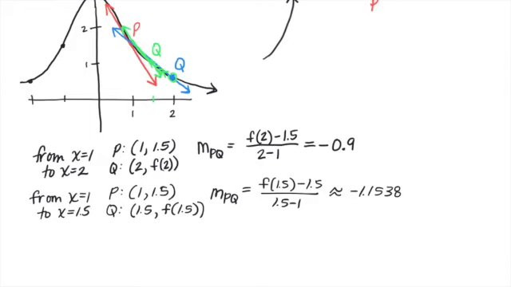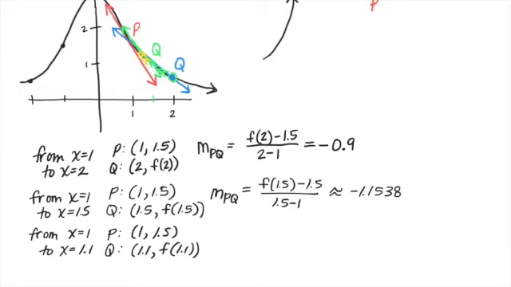And now we're going to do the same thing. We're going to continue moving point Q along the curve, getting closer to point P. So point P is the point 1, comma 1.5. So now maybe we'll go from x equals 1 to, let's say, x equals 1.1. So point P is still 1, comma 1.5. Point Q now is the point 1.1, f of 1.1.